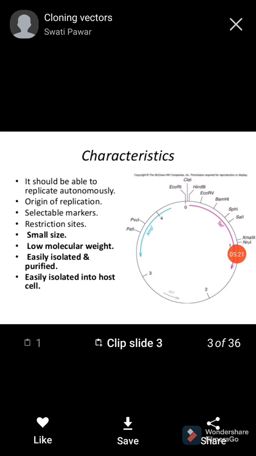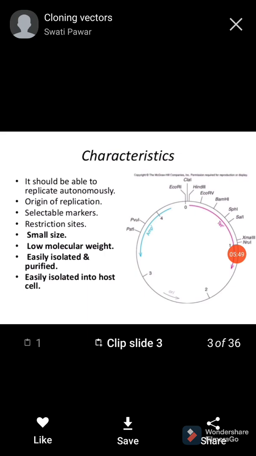For this we use selectable markers, for example those with antibiotic resistance. If you grow the host cells on a plate, those which have resistance to the antibiotic will grow, and those which do not will die.